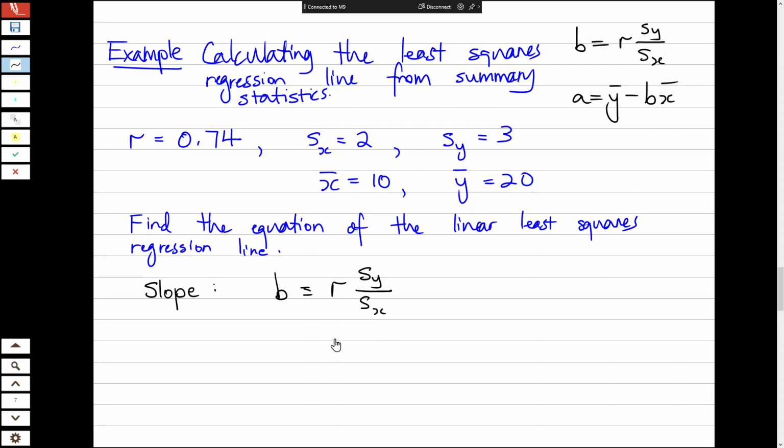I know R, Sy, and Sx, they were given in the question. So here, it's going to be 0.74 times 3 divided by 2, and that is 1.11. Just check that.